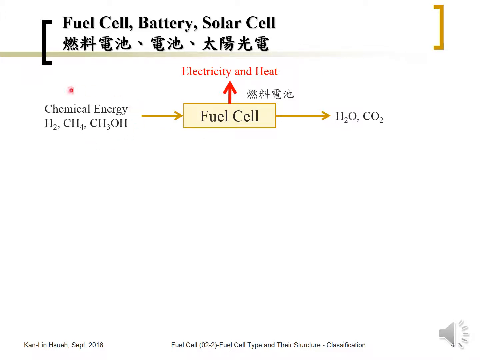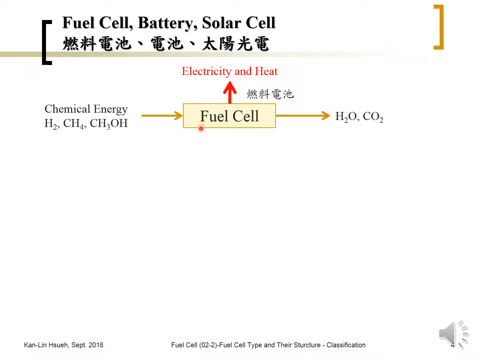The active material, like hydrogen, methane, or methanol, is fed externally into the fuel cell, where the electrochemical reaction takes place and produces electricity and heat. If you use hydrogen as a fuel, the product will be water. But if you use methane or methanol, you may have carbon dioxide exhaust.